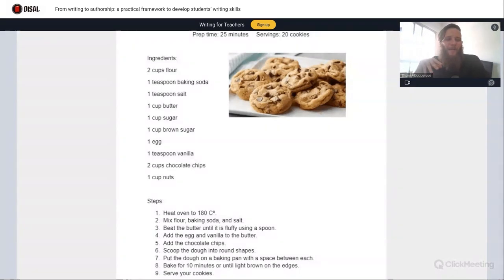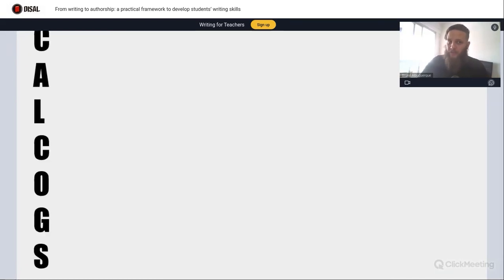Cookies, yeah. But I wanted them to look at the picture, at the recipe, and try to get some of the genre. But then, because this was just, let's say, an introduction to the genre analysis, the genre analysis came afterwards.